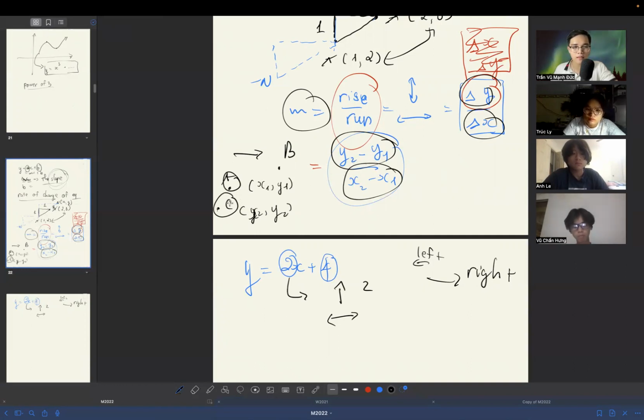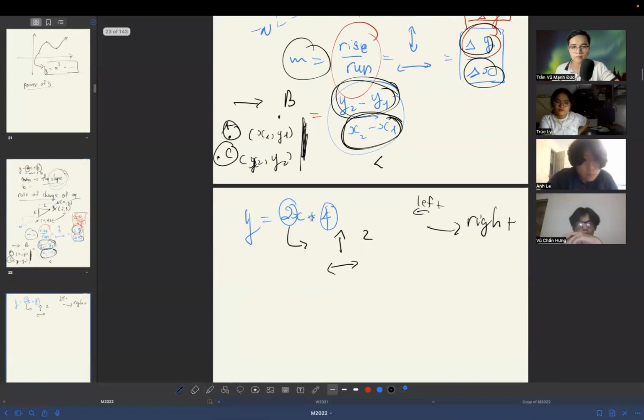But because C is most certainly on the left, this will be a negative sign. But on the y scale, it will define whether or not the shape of the line is up or down. We'll come back to it later, but take note of this.